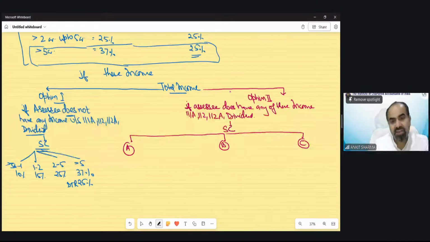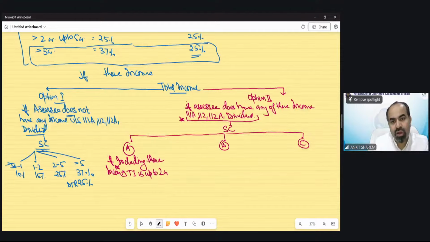Case 1 says if, including these incomes, these incomes meaning the special category, total income is up to 2 crore. So option 1 is applicable when you do not have any of these incomes.